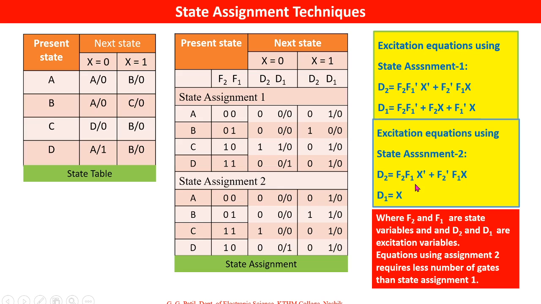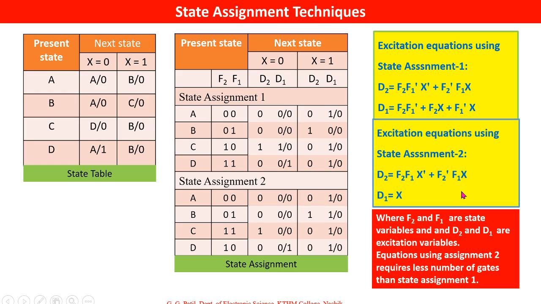Since there are fewer terms, the number of components required to implement the circuit is less. Since the number of components is less, the complexity is reduced and the speed of the circuit is enhanced. So where F2 and F1 are state variables and D2 and D1 are excitation variables, the equation using assignment 2 requires fewer gates than state assignment 1.